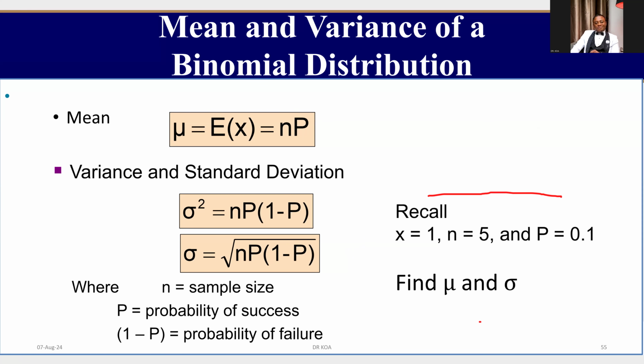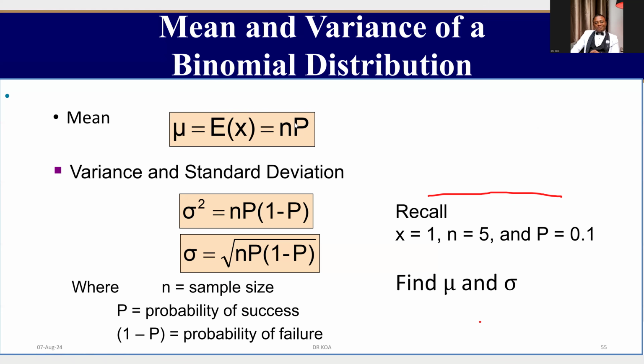So what is the mean of the binomial distribution? Sorry, I made a typo, I said Poisson. The mean of the binomial distribution is just the sample size multiplied by the probability. Take note.